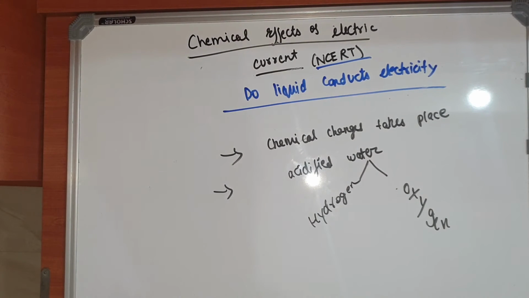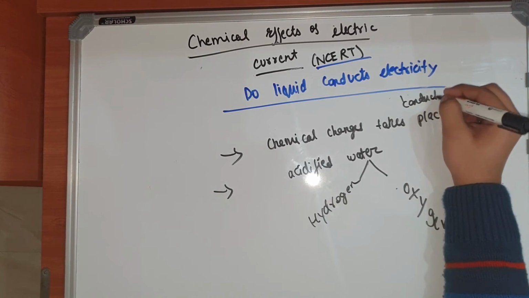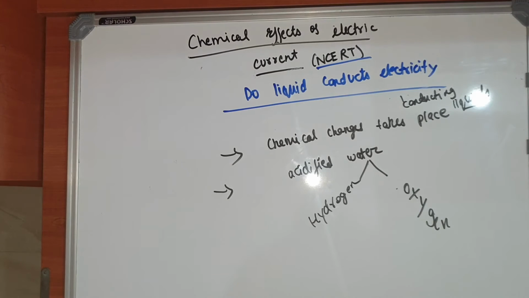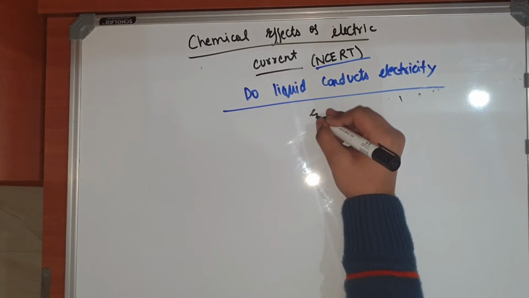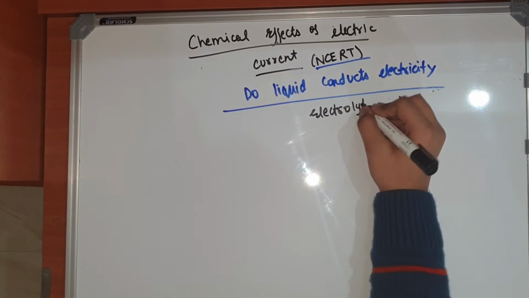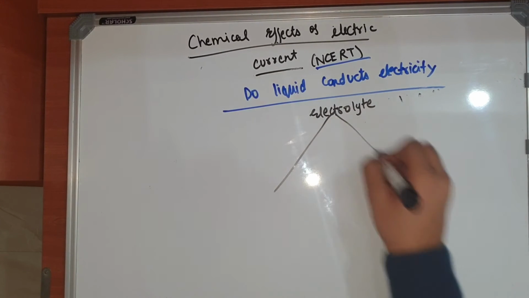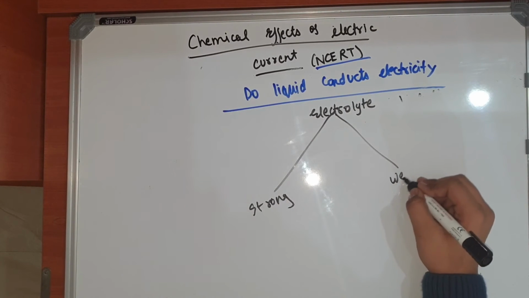We can also say liquids that conduct electricity are known as conducting liquids. So the next topic. I said the liquids that conduct electricity are known as electrolytes. There are two types of electrolytes: strong and weak.